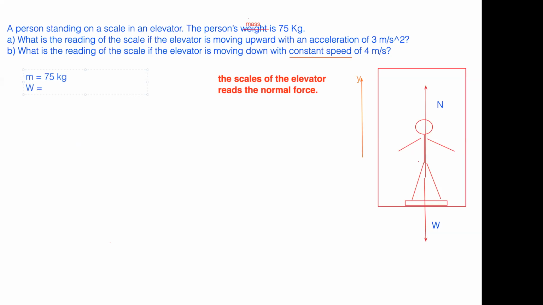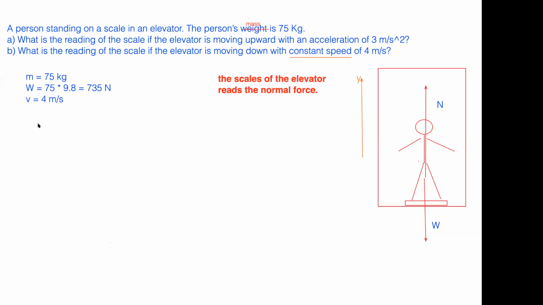Weight is equal to 75 times 9.8, and that was equal to 735 newtons. And we also know a constant speed of 4 meters per second. And right now, we need to know the reading of the scale.